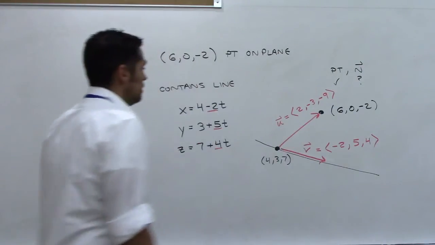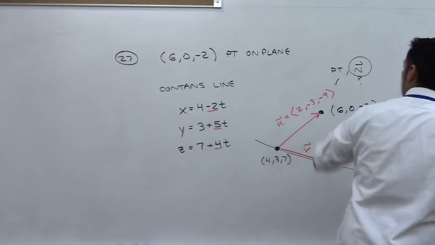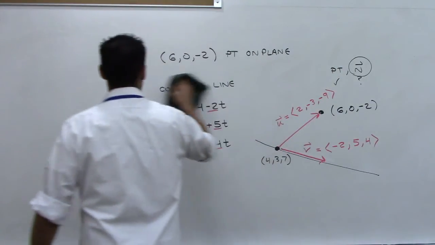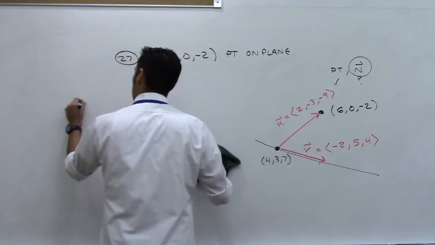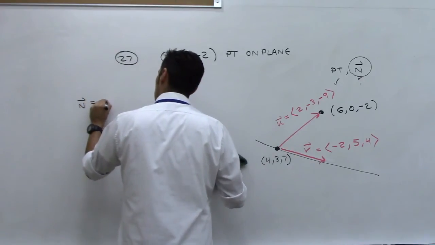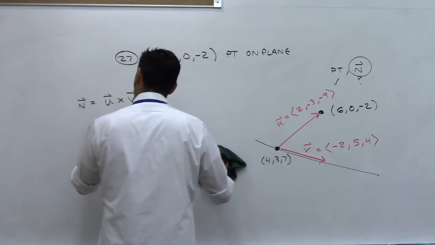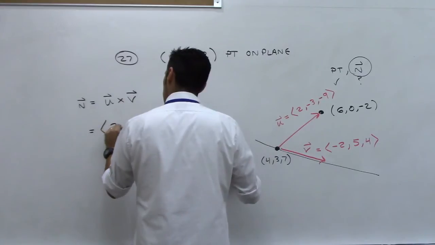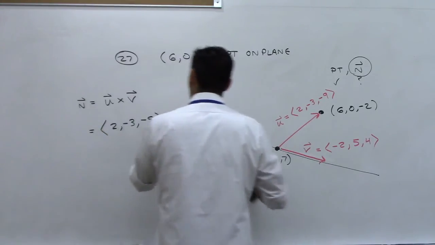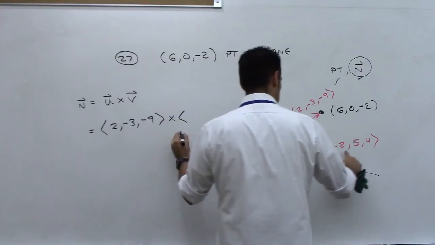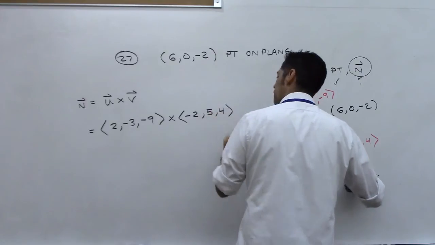So the normal vector for my plane is going to be the cross product of u and v. I'll do u cross v, which is u: 2, negative 3, negative 9, crossed with v, the direction vector of the line: negative 2, 5, 4.